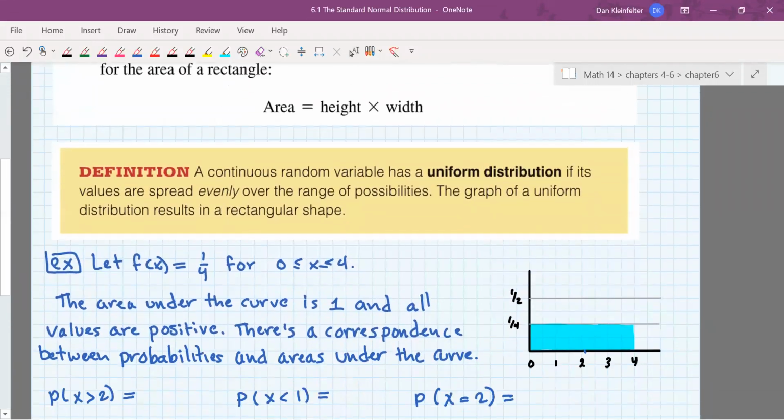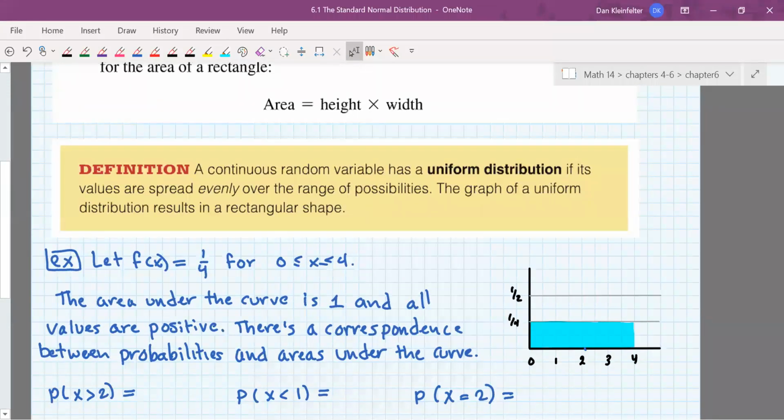If you think about what the word uniform means, it means something is the same. So what's the same is the probability is constant for all possible outcomes. A continuous random variable has a uniform distribution if its values are spread evenly over the range of possibilities. The graph of a uniform distribution results in a rectangular shape, as shown in the picture here in a light blue color.